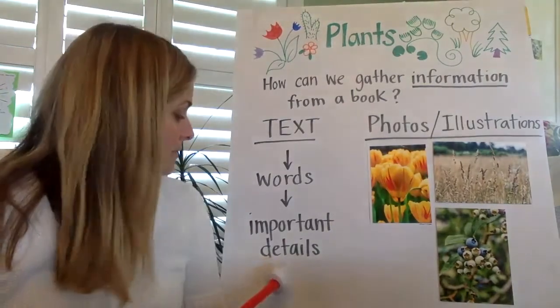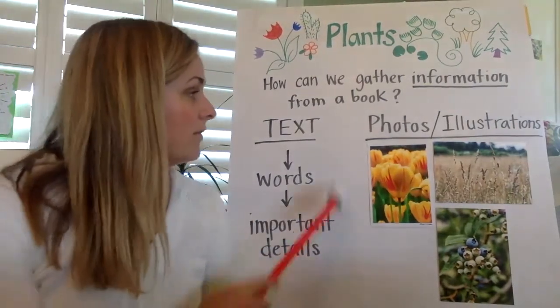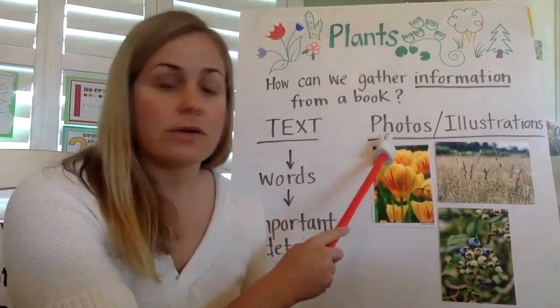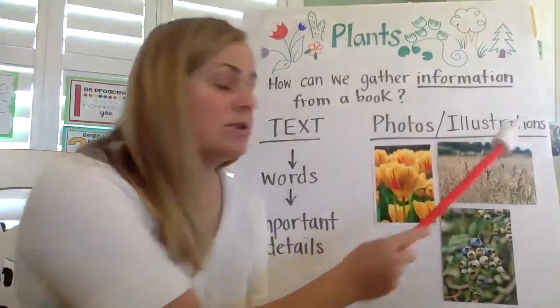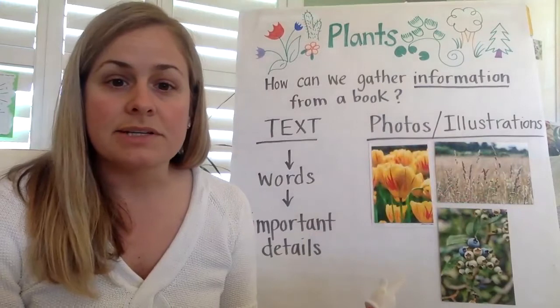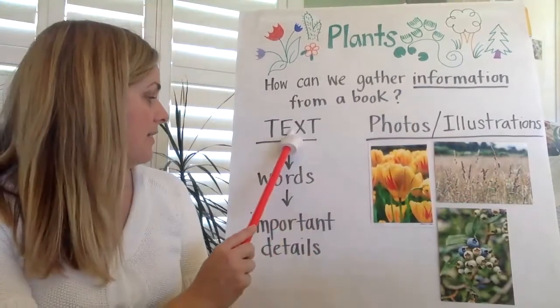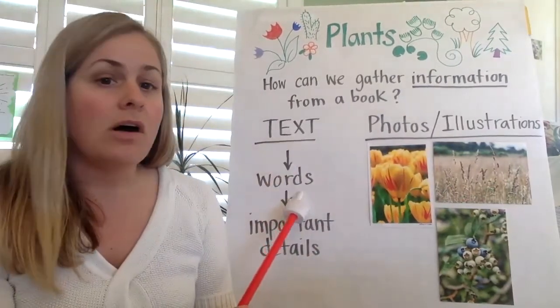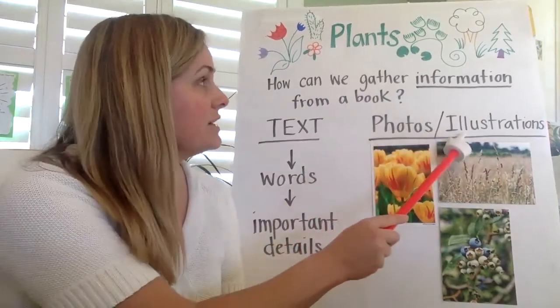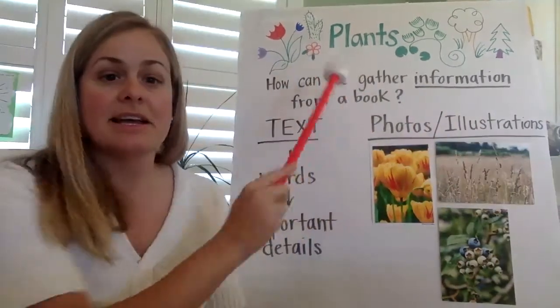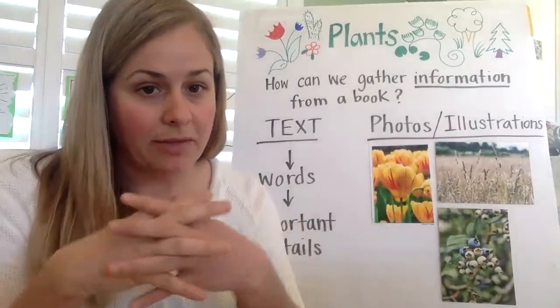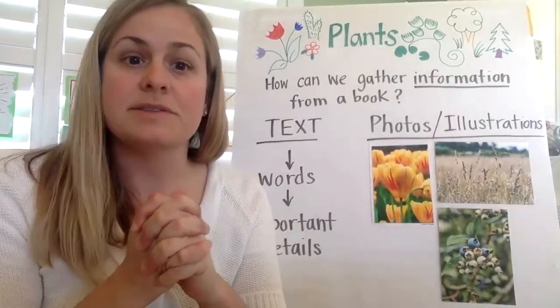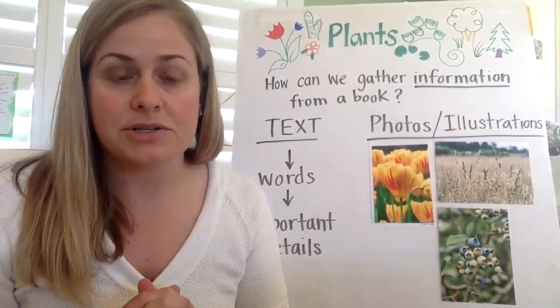And sometimes you might see that label along with a photo, a photograph, or an illustration, which is a drawing. So we're going to use the text features, the words in the book, along with the photos and the illustrations, the pictures of plants, to gain information about plants. So we're going to use both to do our research.